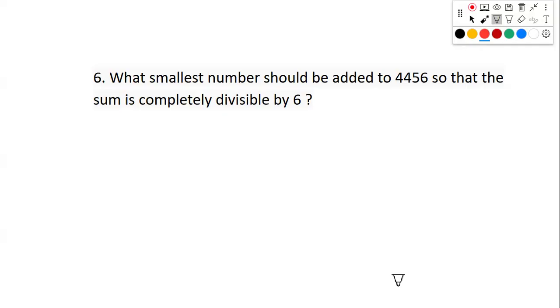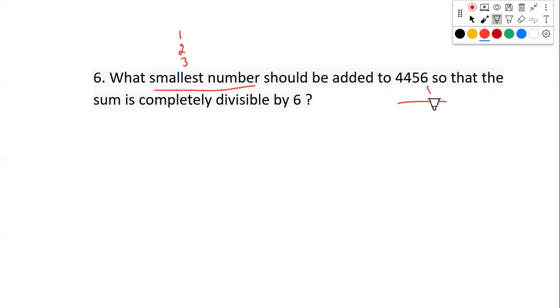Varshini, Polisetti, Soumya. Good, good, good. Harish, Aisha. What smallest number? I know my smallest numbers are 1, 2, 3 like that.